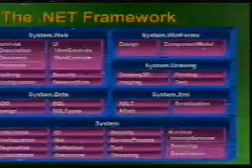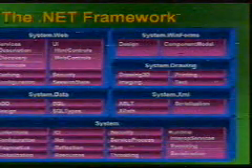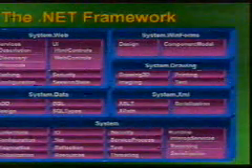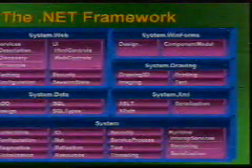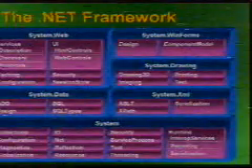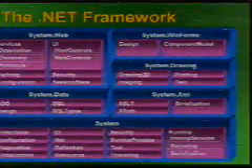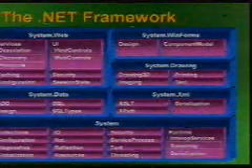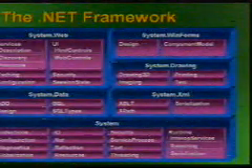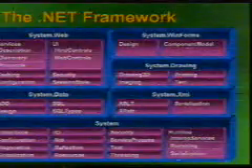The way you read this slide here is the box that says system is the system namespace. And within that, we have collections, configuration, and so forth. And there's actually a direct mapping between these functional areas we've been talking about and the naming pattern that occurs in the framework. And this, of course, makes it very easy for you to find the code that applies to what it is you're building currently.